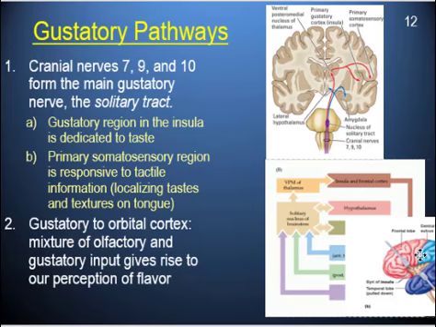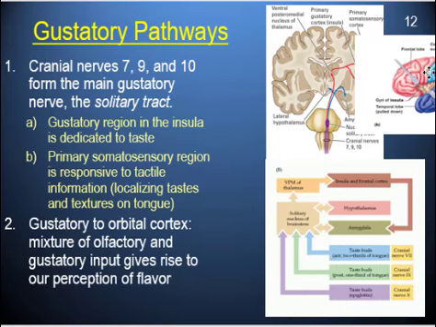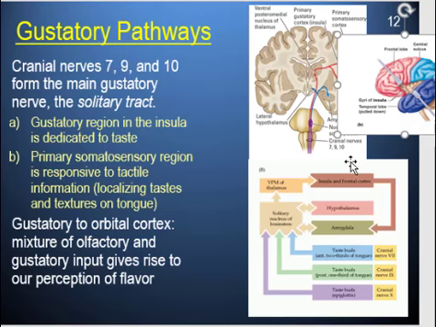Again, following that pattern, we had the receptors. It is going to eventually get to the brain. That was the primary cortex that I just showed you there. Again, that's the primary somatosensory region. But there are two things that happen in your mouth, right? One of the things that happens in your mouth is the taste. The primary taste region is the insula.